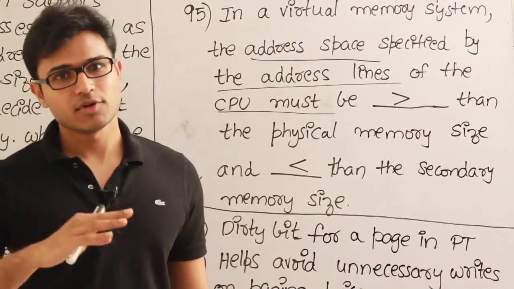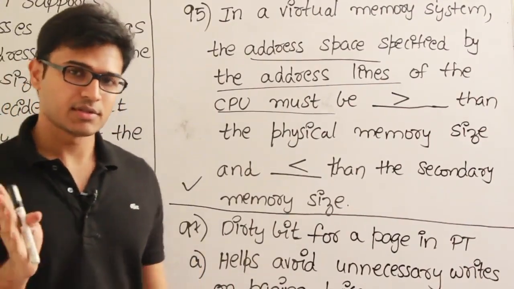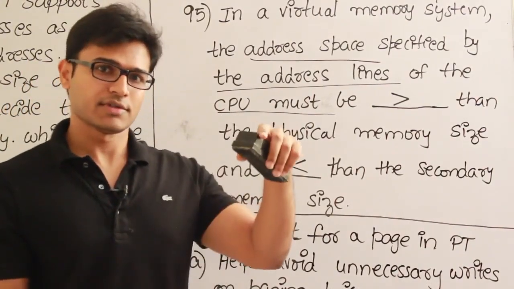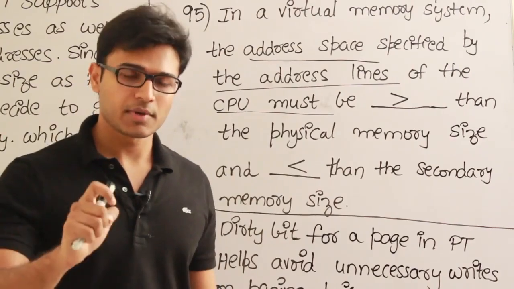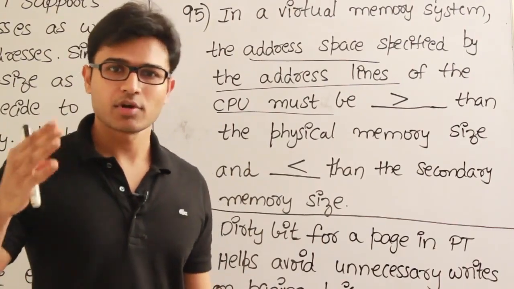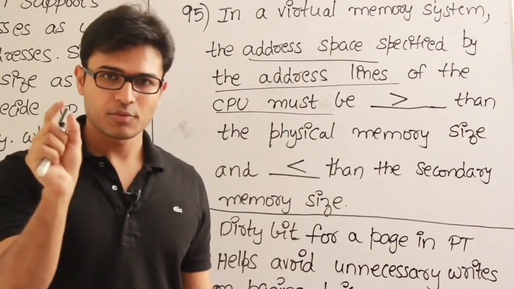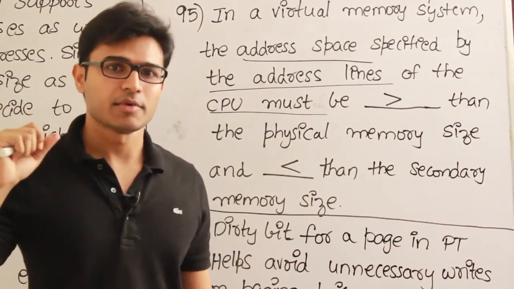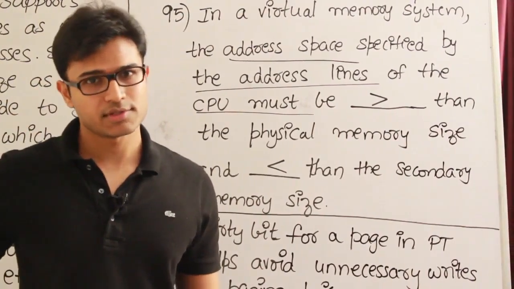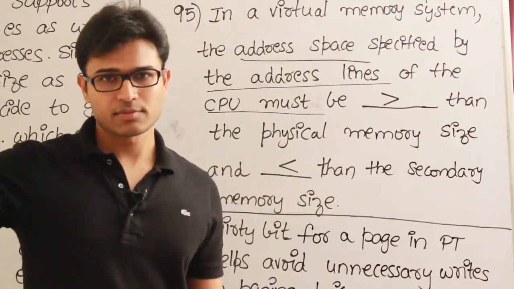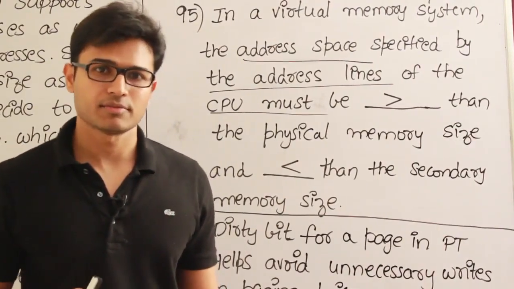So slowly it got converted. Initially virtual memory was introduced to run larger processes. Later virtual memory was also applied to increase the multi-programming environment. The reason is, if I use virtual memory, then I am going to put only a part of the process in the main memory. Therefore, various processes can be present in the main memory at the same time, right?